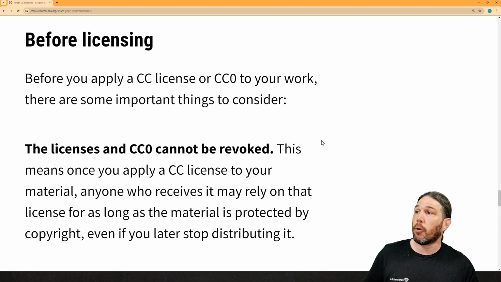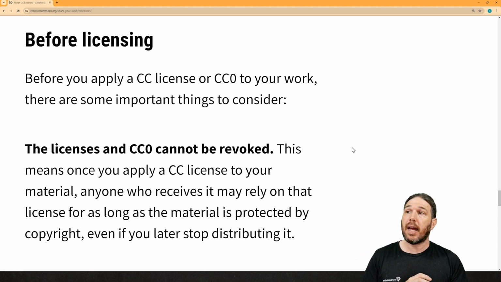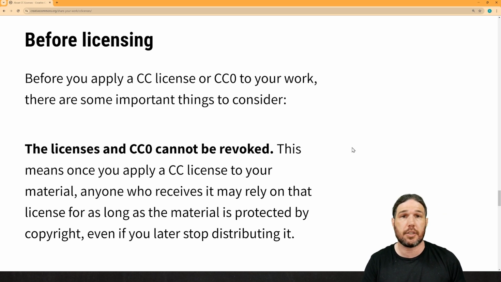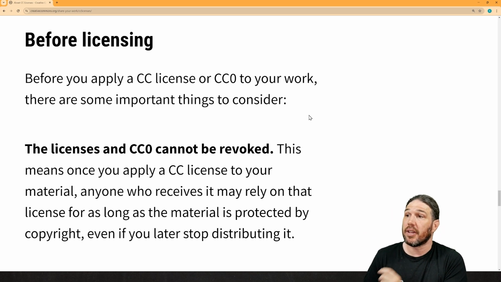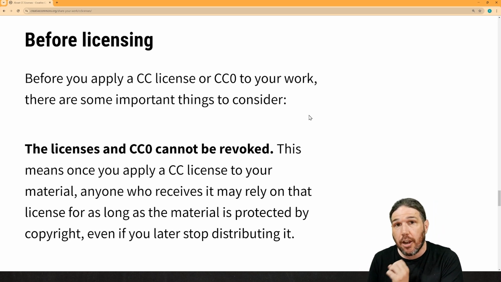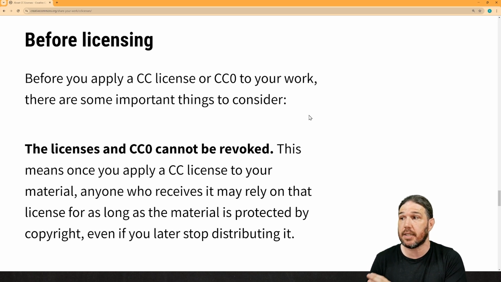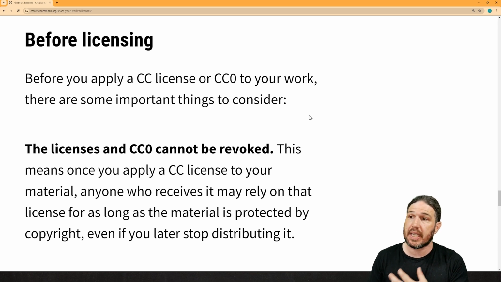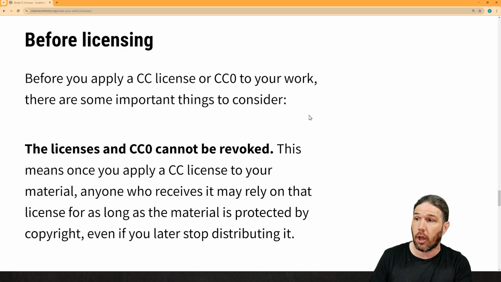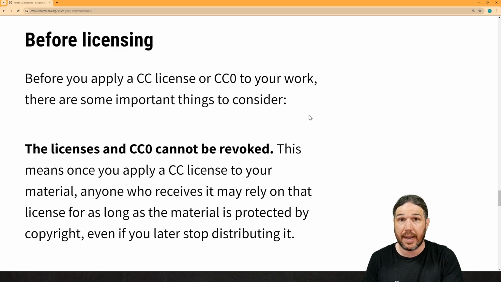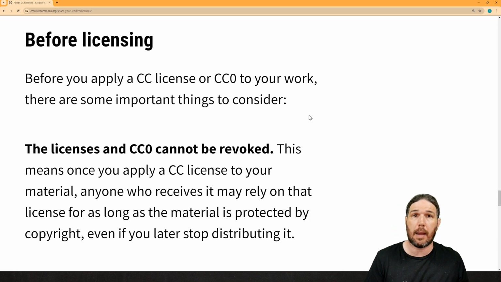Okay, before you apply a CC license or CC0 to your work, there are some very important things to consider. And this one is really important. The licenses or CC0 cannot be revoked. This means once you apply a CC license to your material, anyone who receives it may rely on that license for as long as the material is protected by copyright, even if you later stop distributing it.